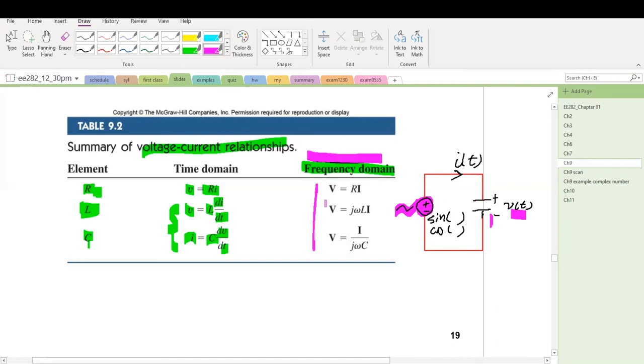We can see that in frequency domain, the derivative becomes a product. There's no derivative at all here. The format of the voltage current relationship is much simpler. Now let's see how the time domain derivative becomes a product in frequency domain.